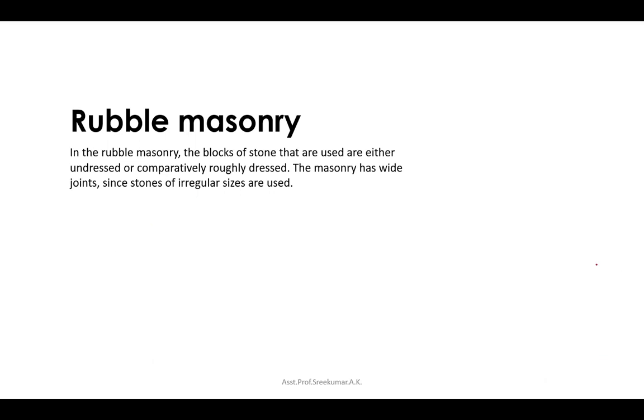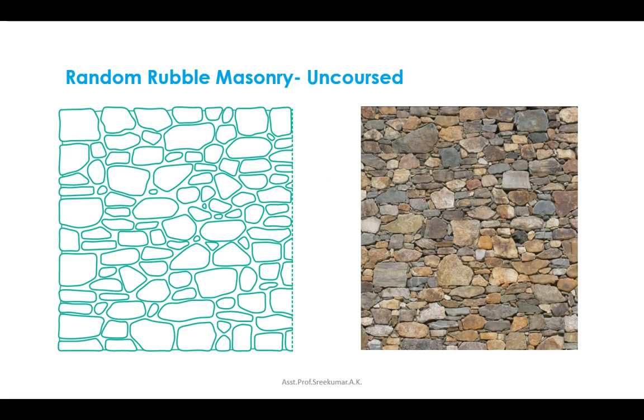So here is the definition of rubble masonry. It states that in rubble masonry, the blocks of stone that are used are either undressed or comparatively roughly dressed. The masonry has wide joints since stones of irregular sizes are used. Now, take a look at the first subtype of rubble masonry.